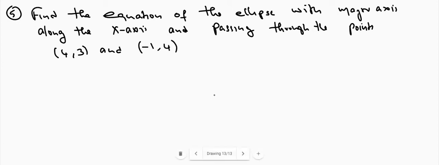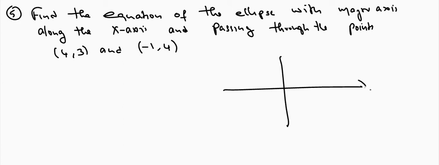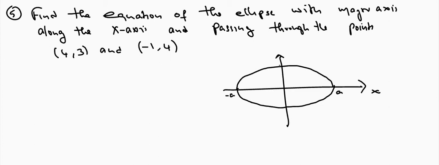Given that the major axis is the x-axis, it is of the first type, with the axis points a, minus a, b, minus b. It passes through 4, 3 and another point minus 1, 4.